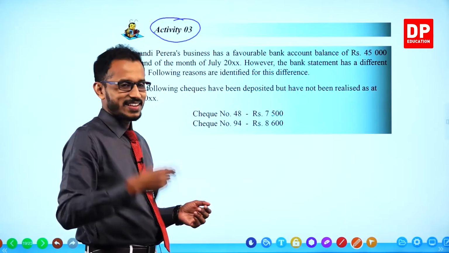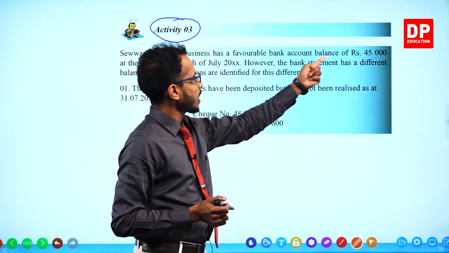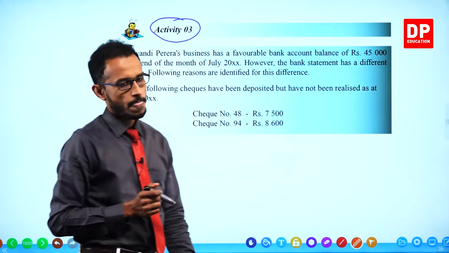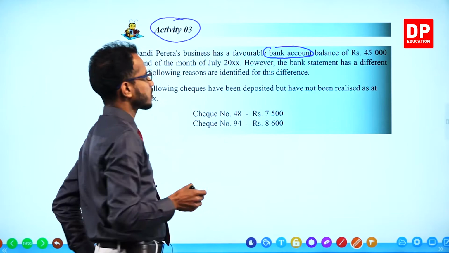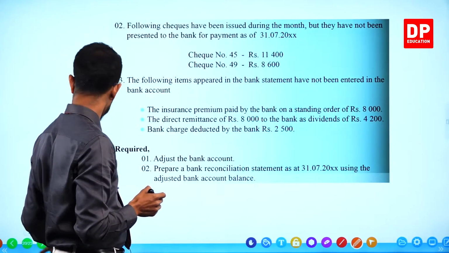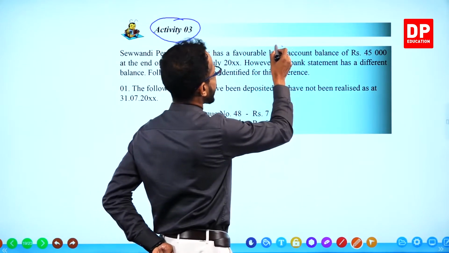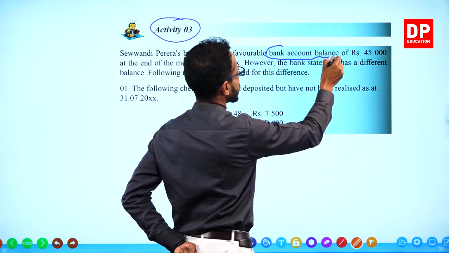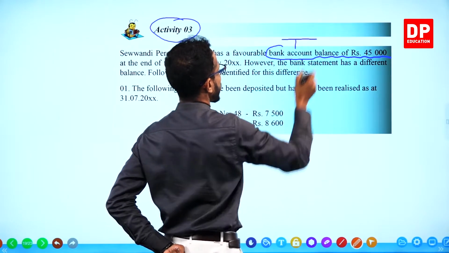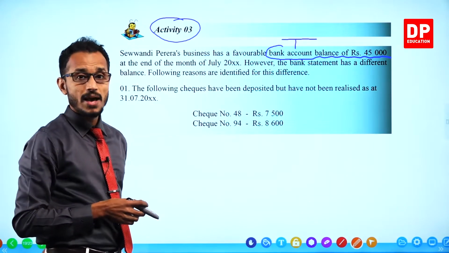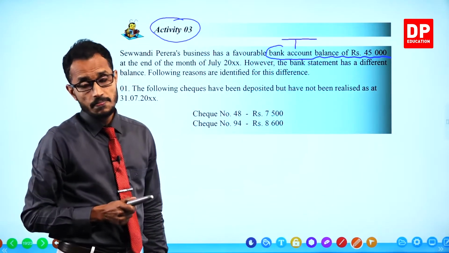All right. Let's go. Sewanthi Perera's business has a favorable bank account balance of 45,000. Children, this is the bank account balance. This is our business bank account balance, and it is a favorable balance.